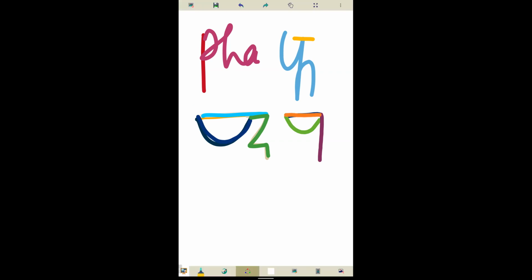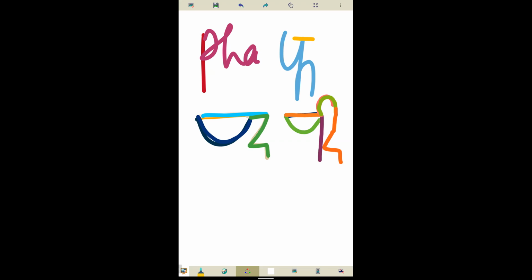right top, on the right side at the top, you have a semicircle, and coming down, and then you have this zigzag one. This pa looks like one slanting line and then a little horizontal, vertical.